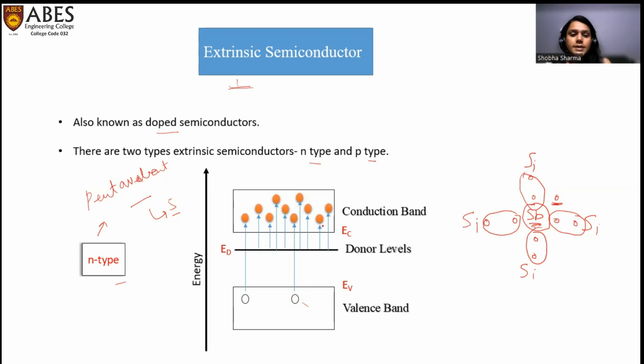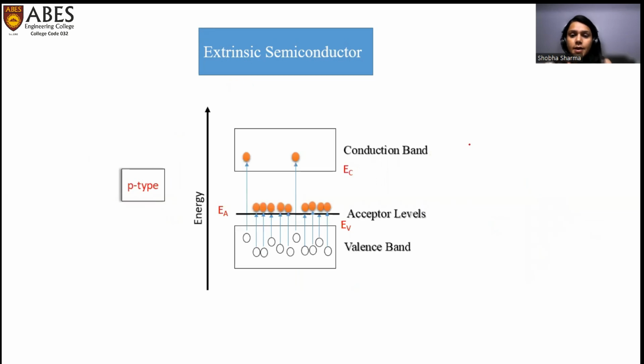Now, the second case is of P-type. In this case, we add trivalent impurity. Trivalent impurity means which has 3 electrons in its outermost orbit. So it's obvious that these 3 electrons will participate in covalent bonds.